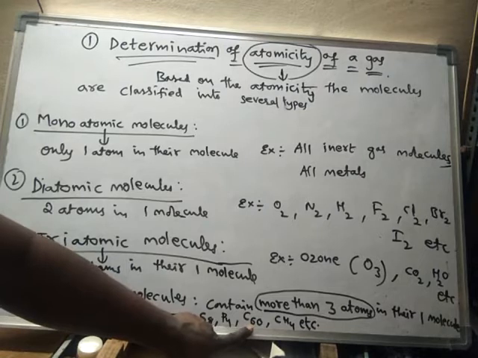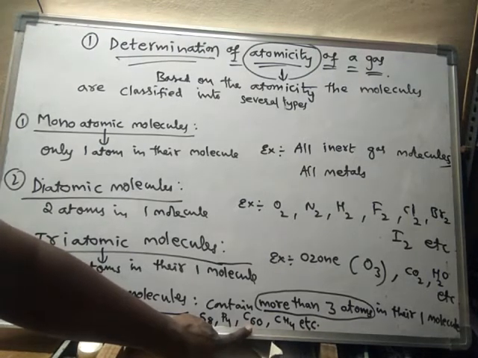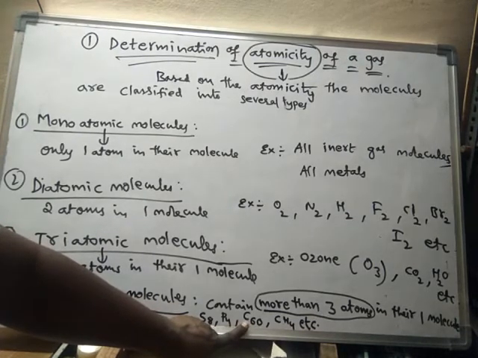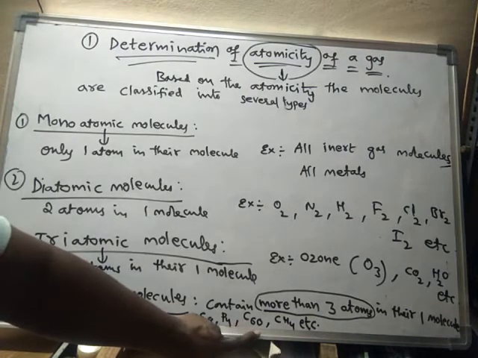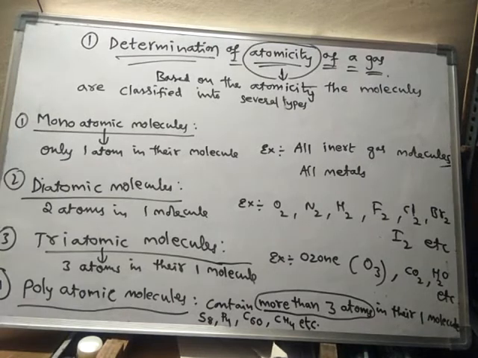The C60 molecule contains 60 carbon atoms in one molecule. The name of C60 is Buckminster fullerene, a most important name. We will learn about Buckminster fullerene in higher classes. So like this, polyatomic molecules will be.